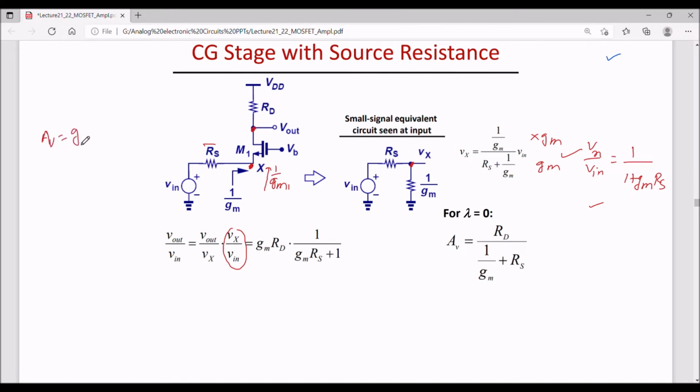So gain is GmRD, that is Vout by Vx, for a common gate amplifier without source resistance. So we can put GmRD in the gain equation, and Vx by Vin is 1 by GmRS plus 1. So this is my total gain of this circuit.